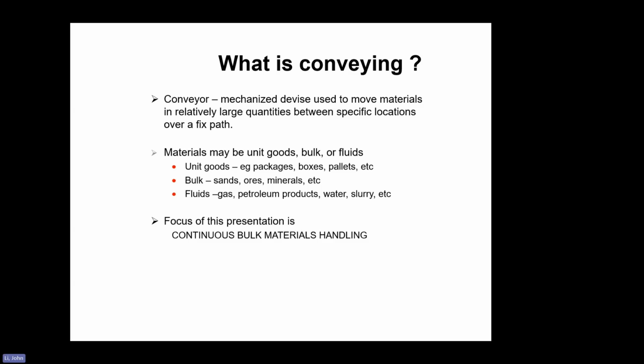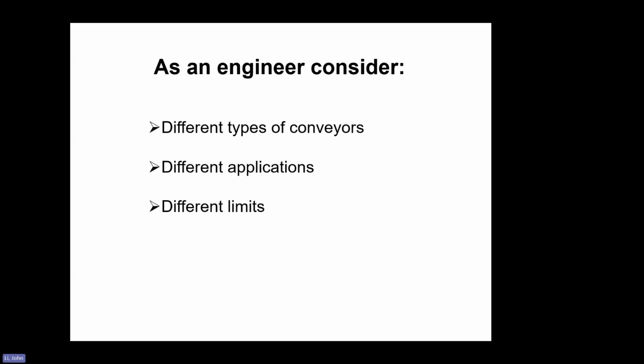So today, the presentation is focused on continuous bulk materials handling for mining projects. So as an engineer, consider the different types of conveyors, the different applications, and the different limits.